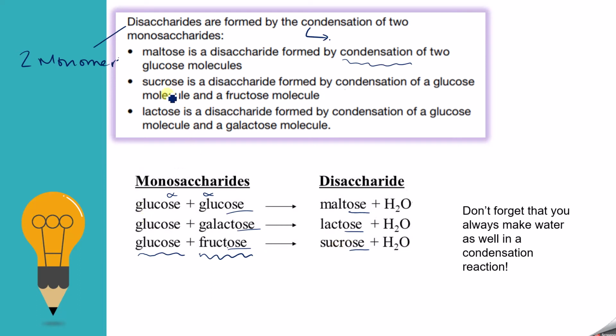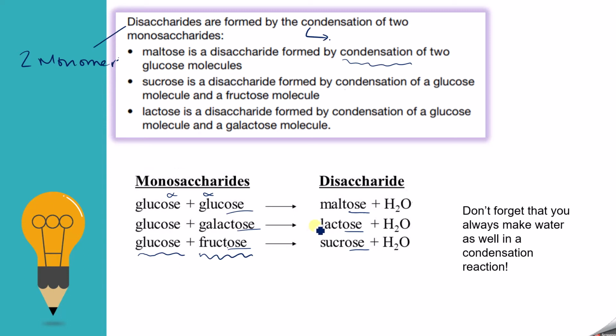And the last one is lactose. Lactose is a disaccharide formed by condensation, like I mentioned before, of a glucose molecule and a galactose molecule. So glucose plus galactose makes lactose.